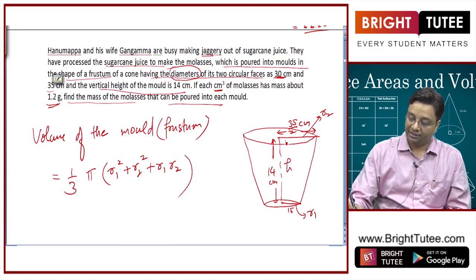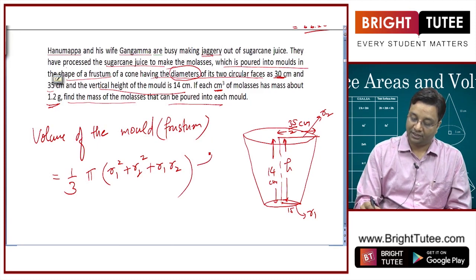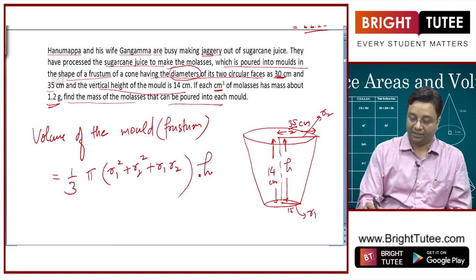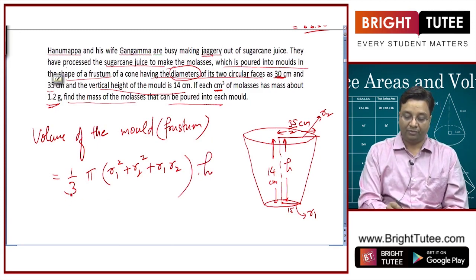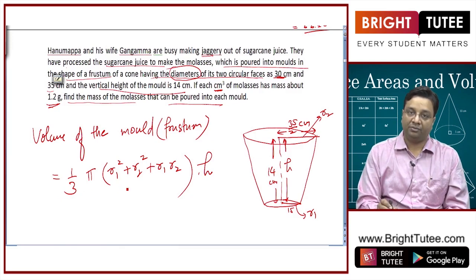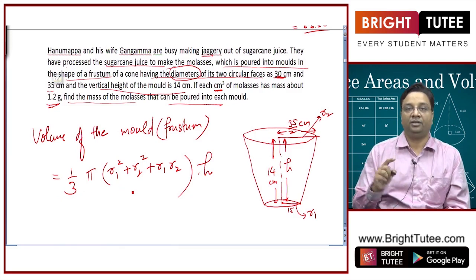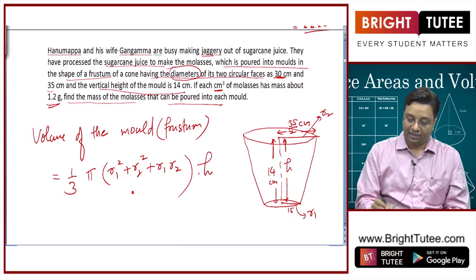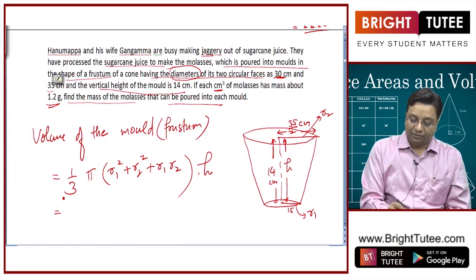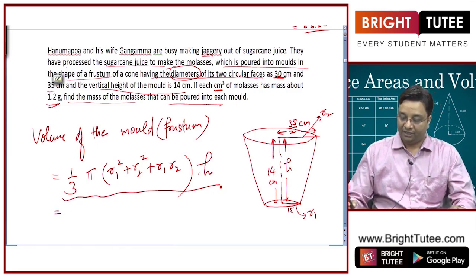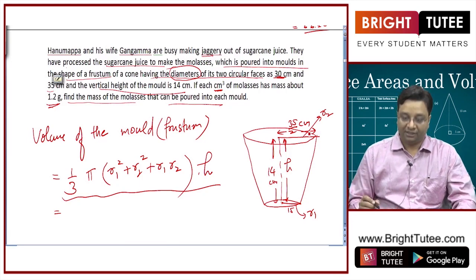If this height is h, then multiply it with h. So the volume of the mold will be 1 by 3 pi R1 square plus R2 square plus R1 R2 into height h, right. This was just to write the formula, otherwise I could have directly written the dimensions here.